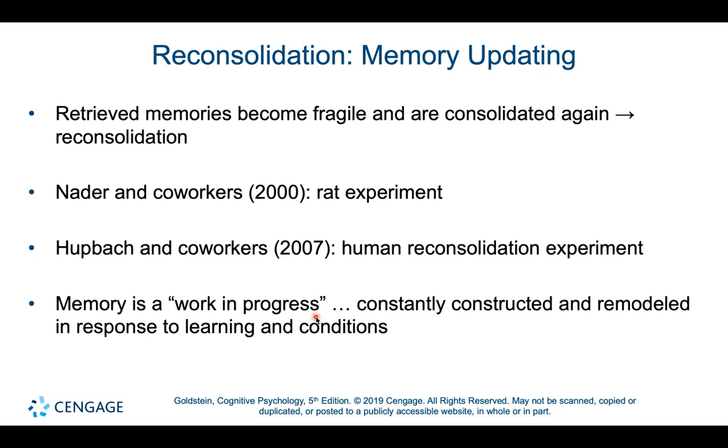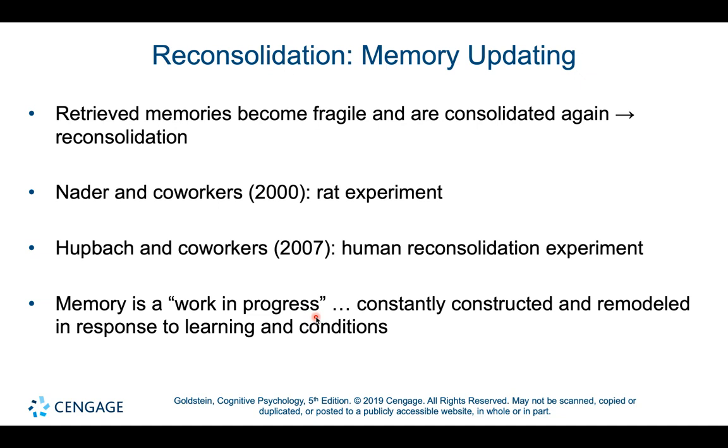Once a memory exists, your brain is constantly updating it and changing it and shifting it, and reestablishing those connections. And this process of reestablishing consolidated memories can be both good and bad.